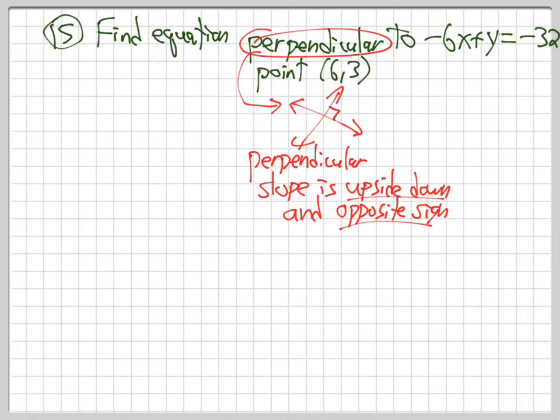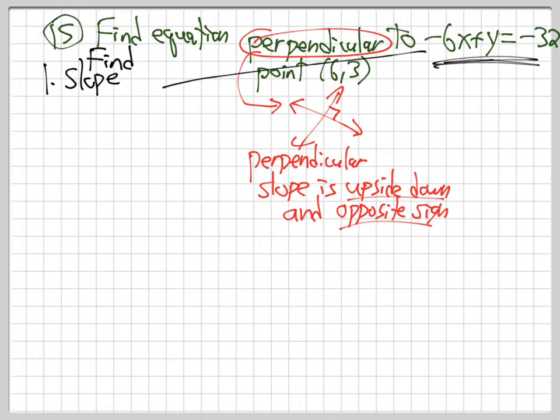And that's all just step number 1. Step number 1, remember, we're supposed to find the slope. I'm trying to do step number 1 right now. Well, how am I going to find the slope? I have to take that other equation. Let me bring it over here. -6x plus y equals -32.